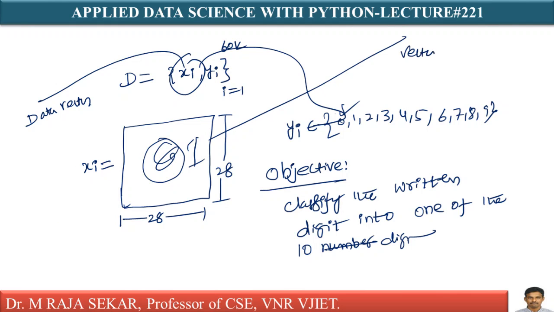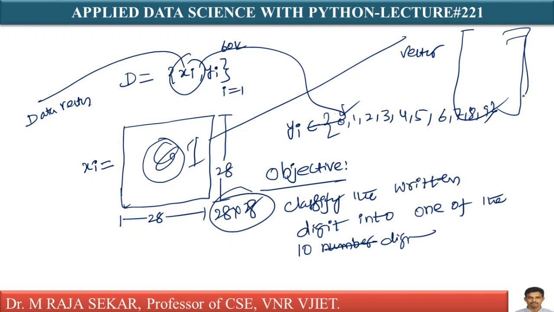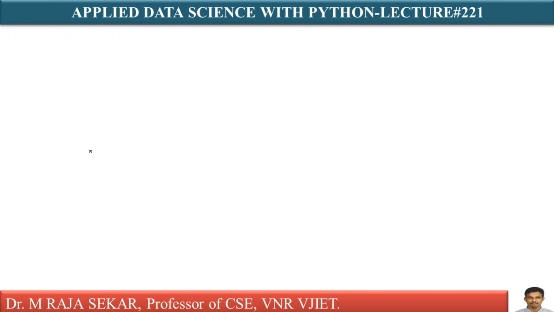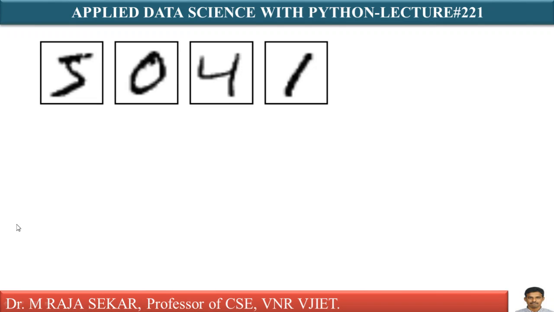This is a matrix. What is the order of this matrix? 28 by 28. Therefore, this must be converted into a column vector. How can I convert this into a column vector? We will try to understand. It is a simple and straightforward procedure.